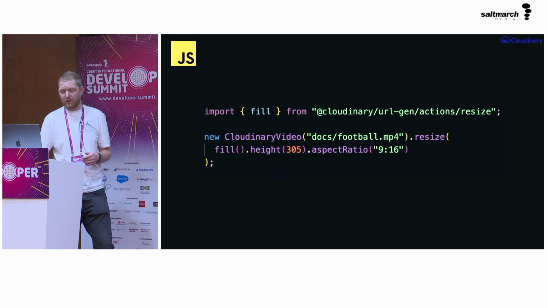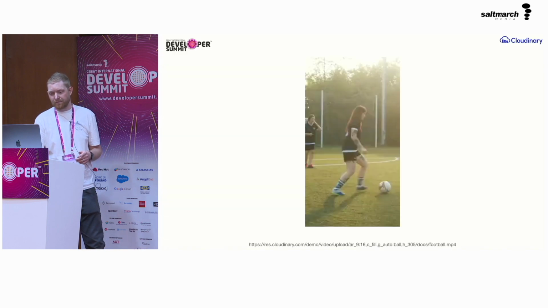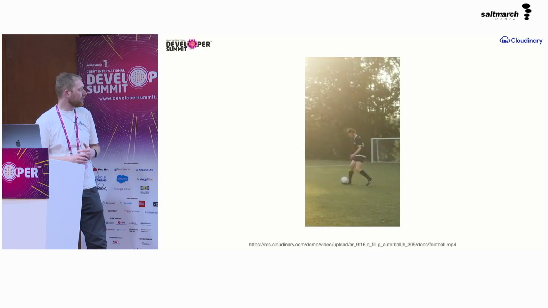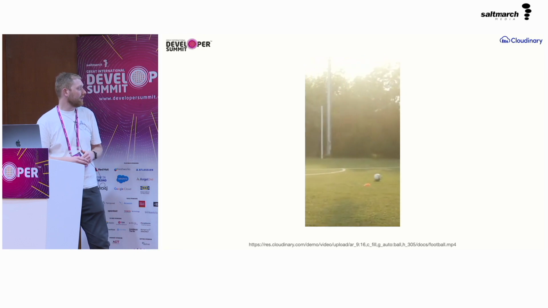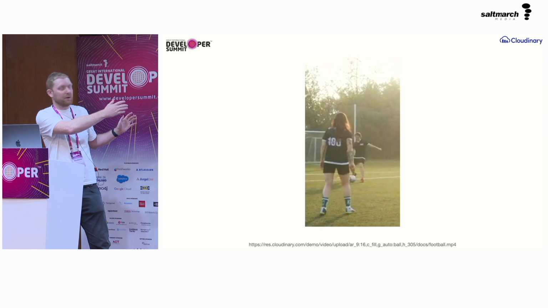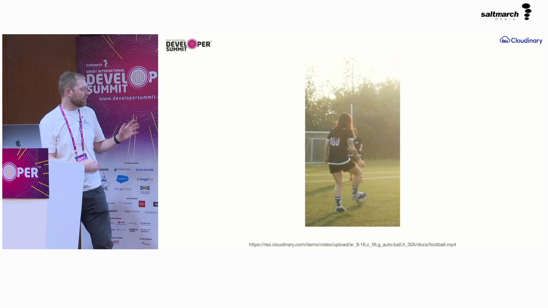And that's the code to do that basic crop. But instead, we can use AI, and we can select to focus on the ball in this instance. As you can see, the crop will keep the ball and the people kicking the ball in the frame throughout the whole video.